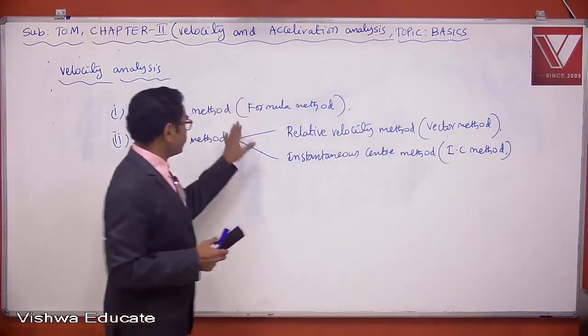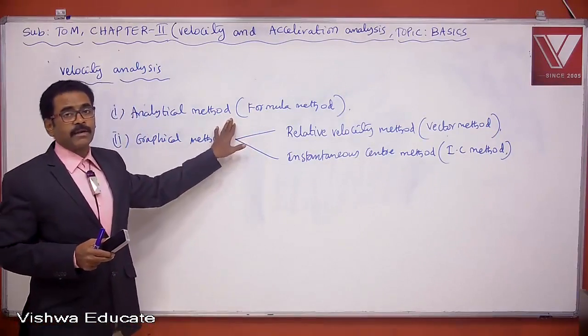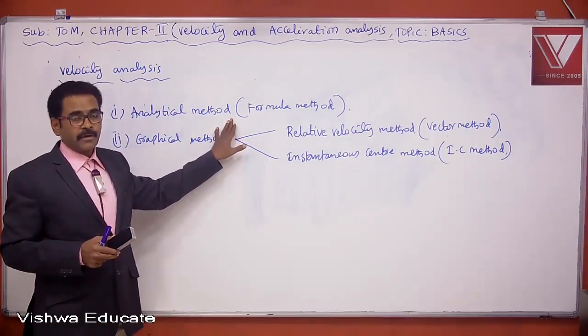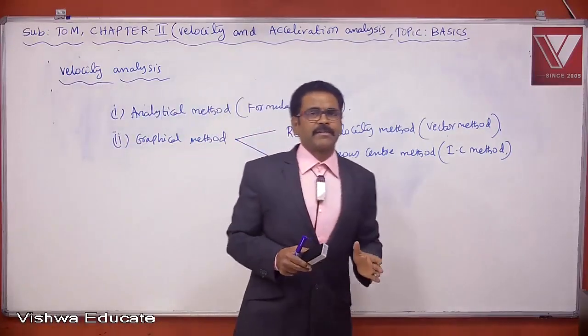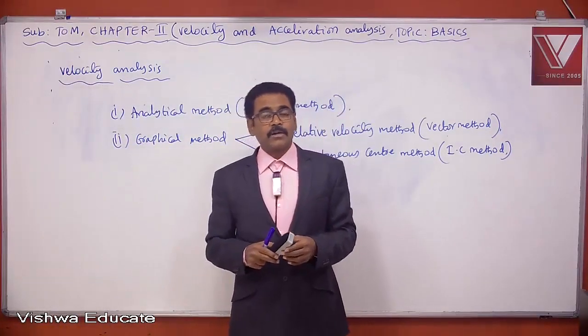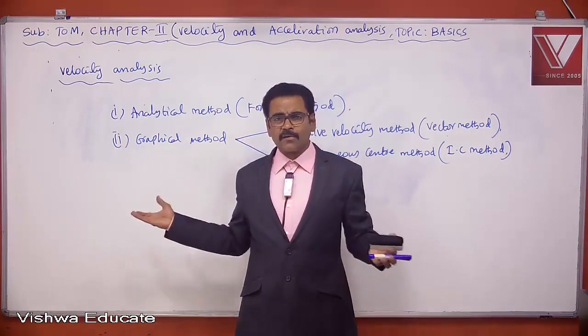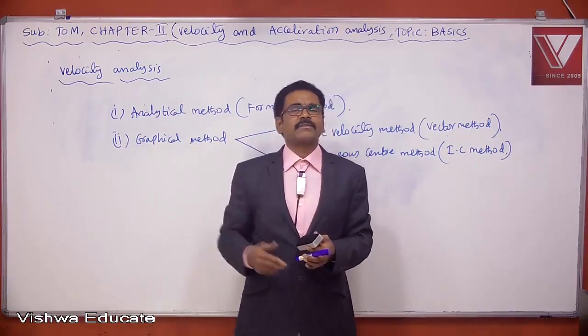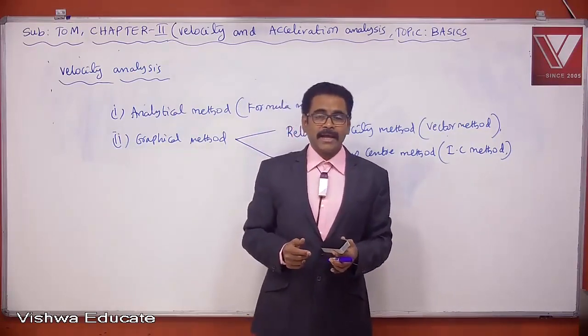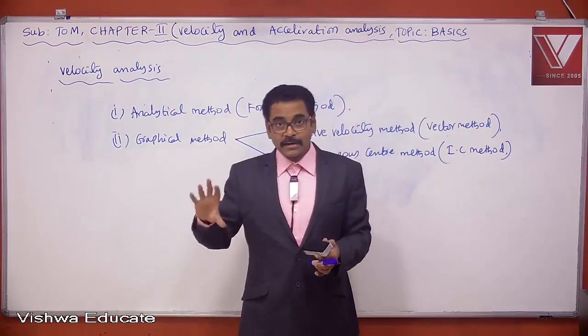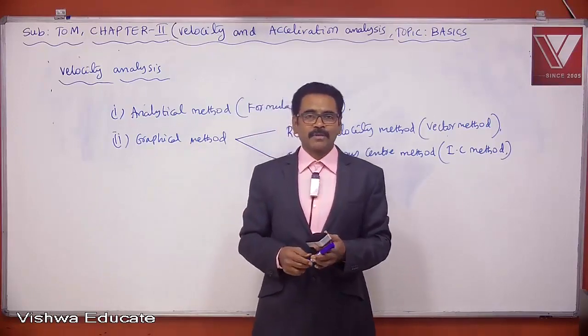But analytical method you cannot implement for every mechanism. For simple mechanisms only, analytical method is present. For every mechanism, you cannot use analytical method and you cannot have formulae, because every mechanism is distinct, it may have distinct velocities and accelerations. You cannot standardize velocities for every mechanism, right?